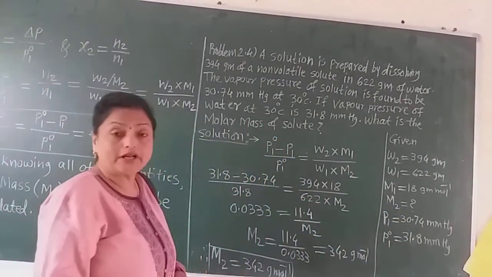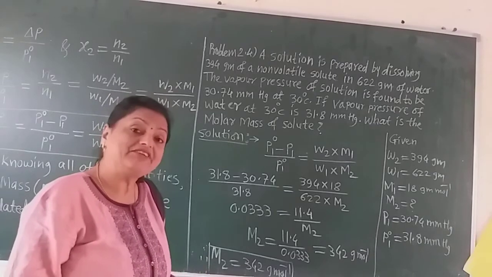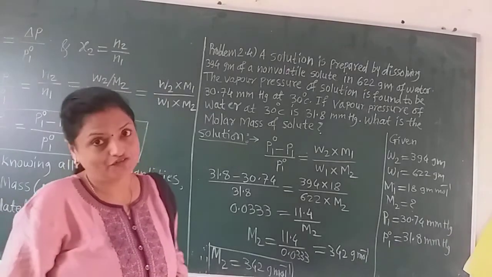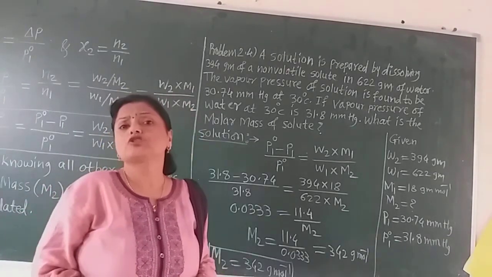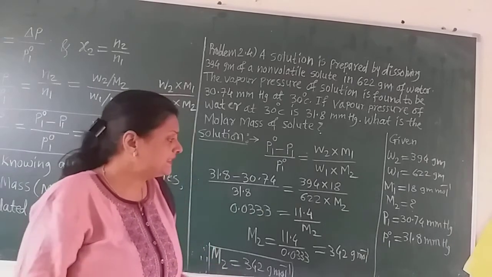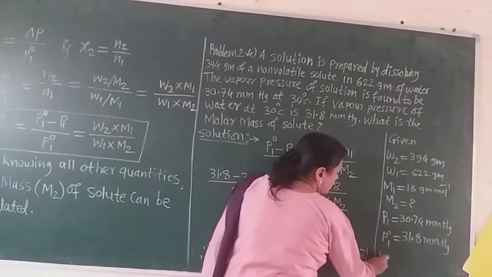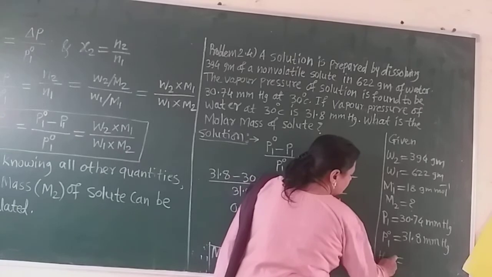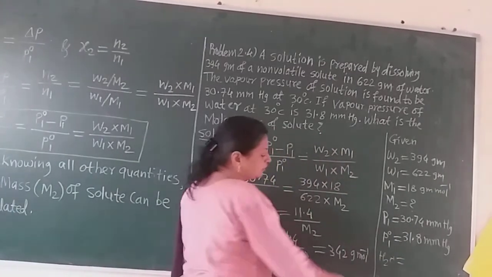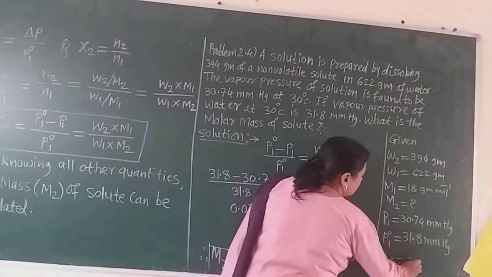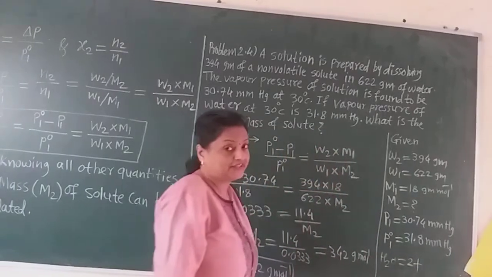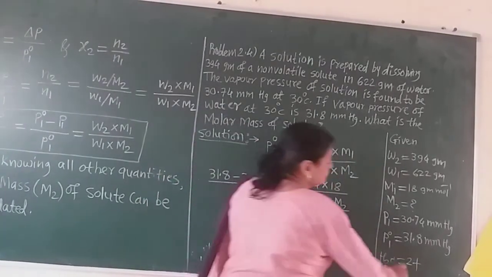But here the molar mass of the solvent is not given. But we know that the solvent is water, and how is its molar mass calculated? Water is H2O. The mass of one hydrogen atom is 1, and there are two hydrogen atoms, so 2, plus the mass of the oxygen atom, that is 16.